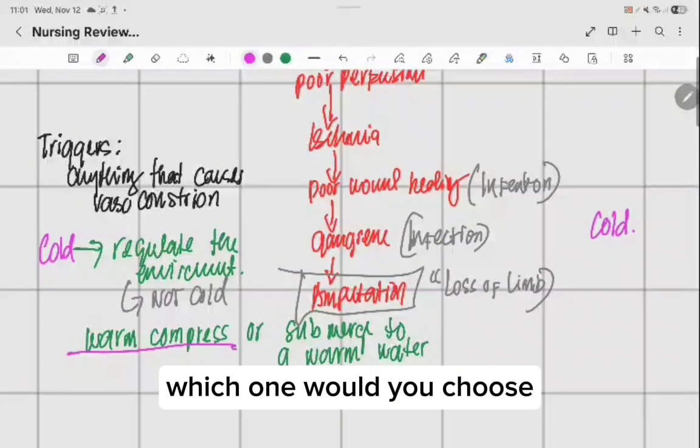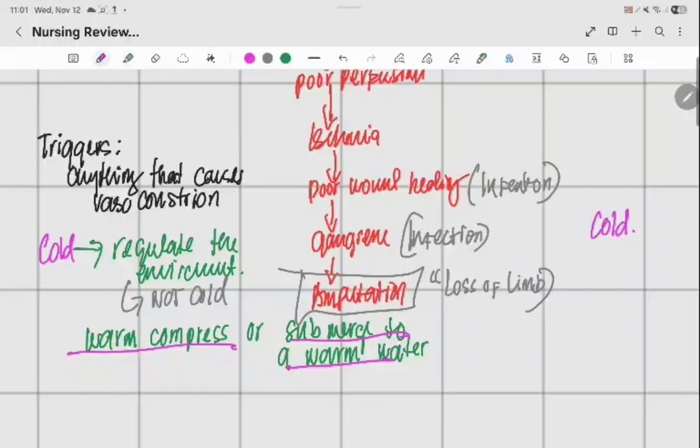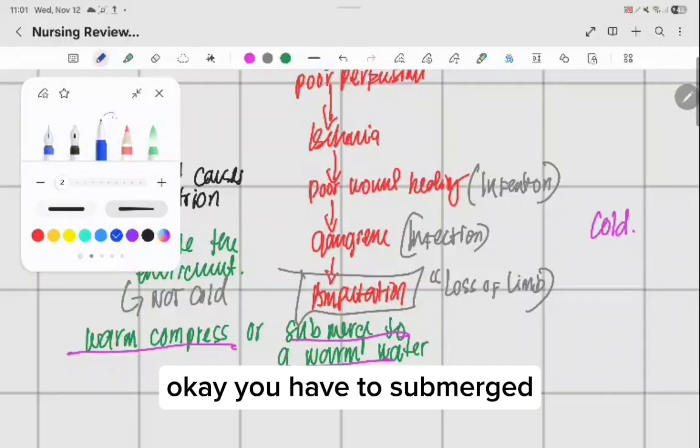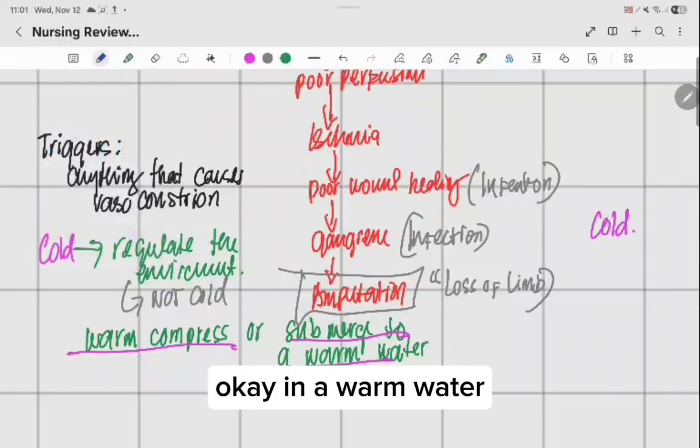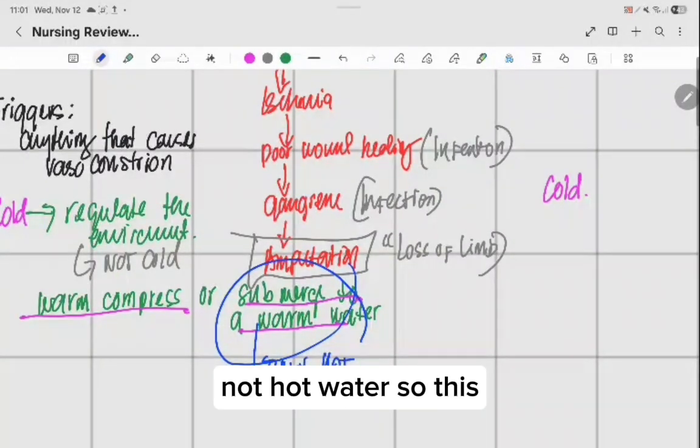The perfect answer would be to submerge in warm water, not hot water.